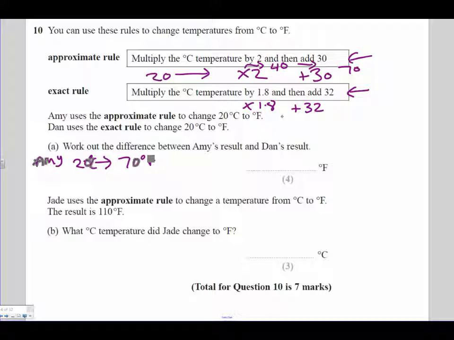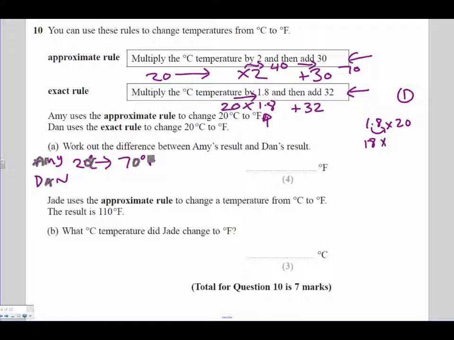For Dan, his rule requires a bit more calculation as it has a decimal. So we put 20 in, and the first thing we have to do is multiply it by 1.8. So for Dan, we need to multiply 1.8 by 20. Now there's an easy way to do this. When you're multiplying decimals, you can move the decimal point and note you've moved it one place to the right.